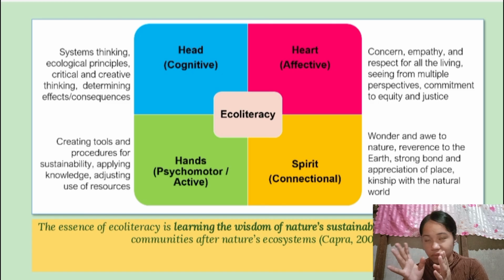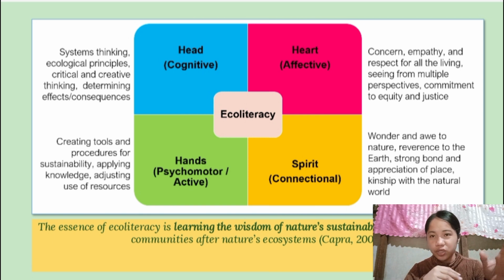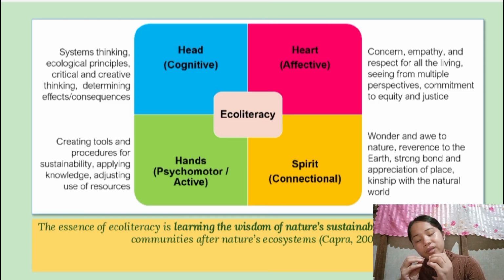Recycling, we learn how to recycle, and adaptation, we learn to adapt, to live well with nature, and interdependence. Like the example I gave earlier, how the plants, the animals, the humans and the environment depend on one another. So that is interdependence. Understanding these principles could help us create sustainable communities.